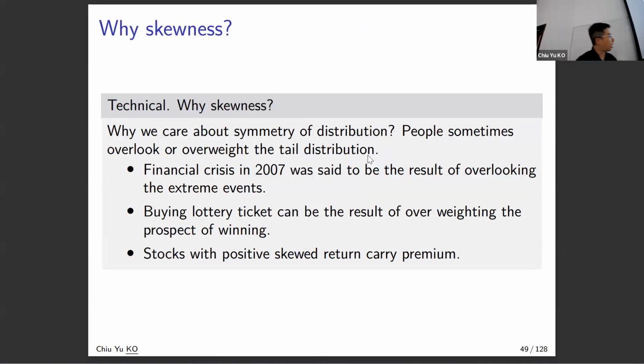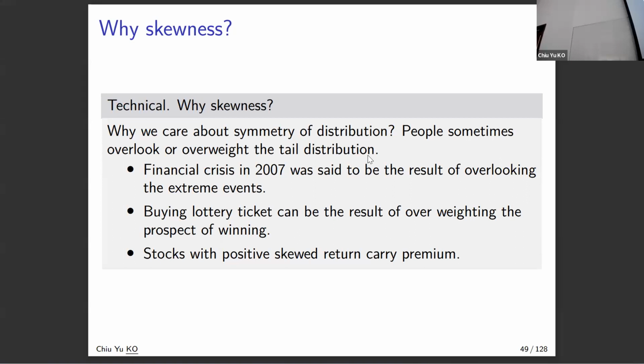And I want to emphasize that skewness actually carries a premium. Some of you may have learned finance and you would know the current regime is people talking about mean and variance, return and risk, expected return and risk. But these days we know skewness actually pays.